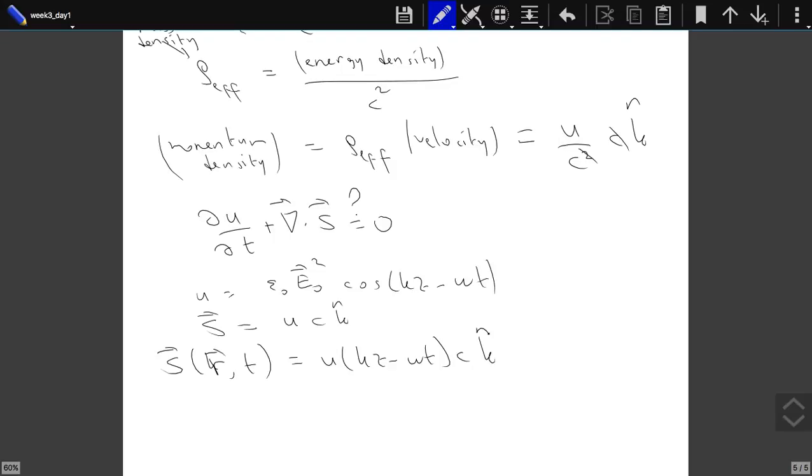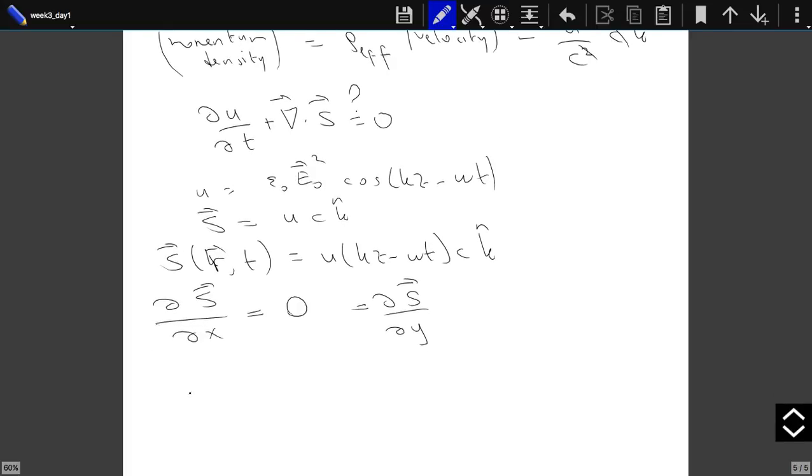Okay, do you agree? So let's take the derivative of S with respect to X. What is that derivative? 0. What about the derivative of S with respect to Y? 0. Derivative of S with respect to Z. It's the derivative of U with respect to all of its arguments.